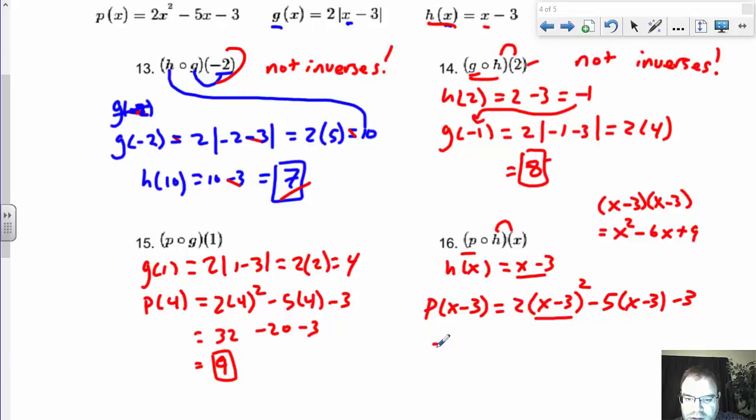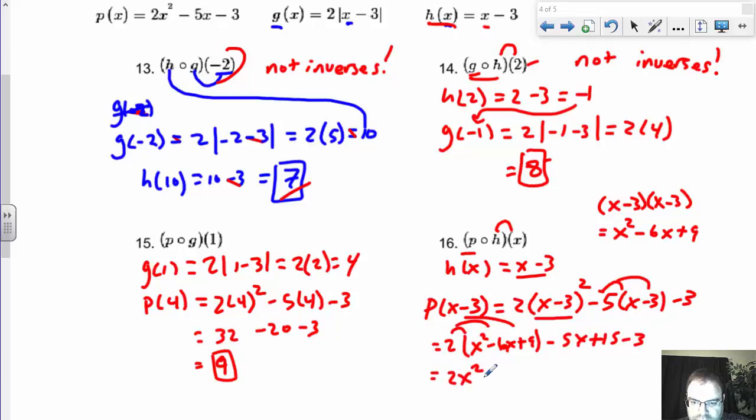So what I have here is 2 times x squared minus 6x plus 9. And then I have this negative 5, which I'll distribute, so that'll be minus 5x and plus 15, and then minus 3. I'll distribute this 2 and get 2x squared minus 12x plus 18 minus 5x, 15 minus 3 is plus 12.